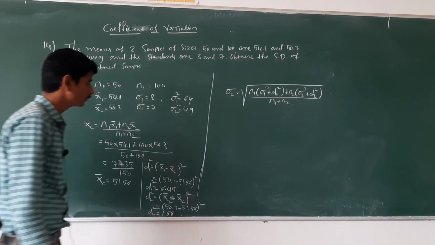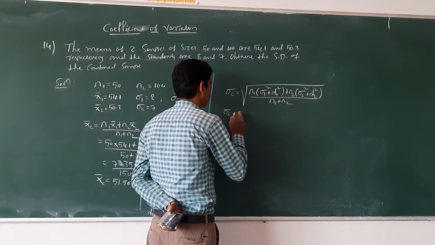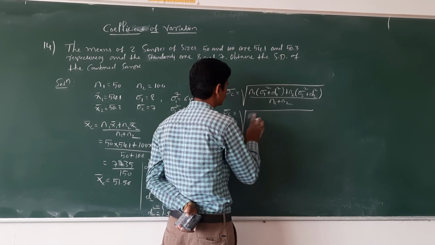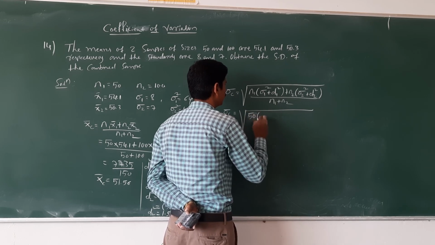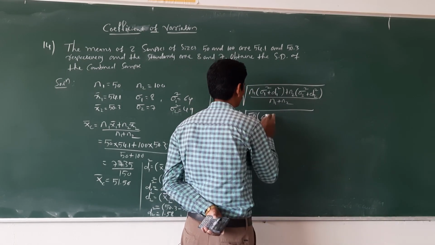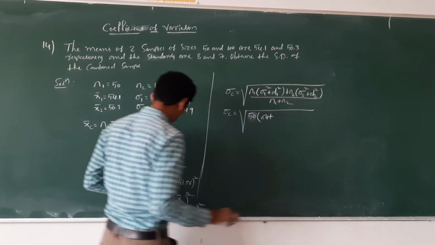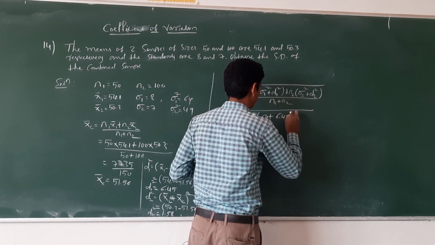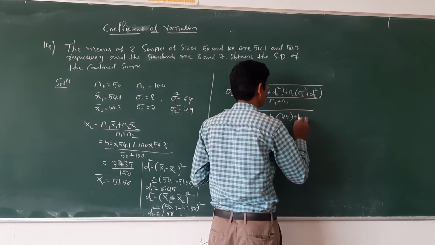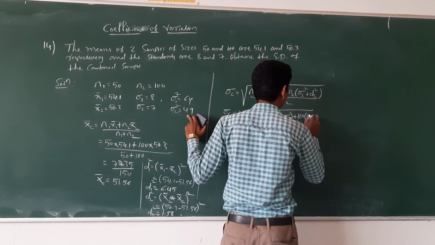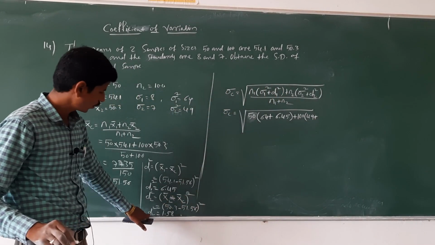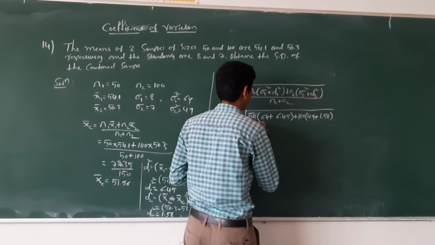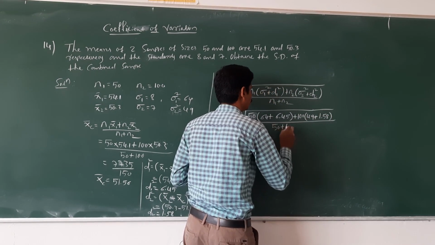Then substitute the values. Sigma c equal to under root of n1 value is 50, into (sigma 1 square value is 64 plus d1 square value is 6.45), bracket complete, plus n2 value is 100, into (sigma 2 square value is 49 plus d2 square is 1.58), divided by n1 value 50 plus n2 value 100.